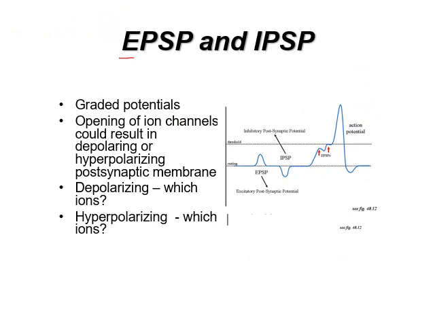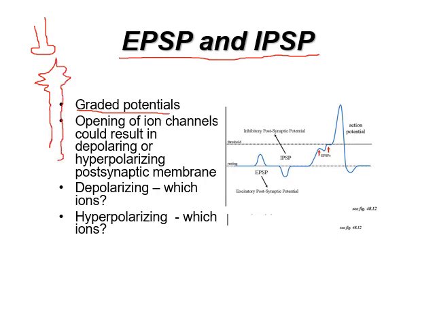So we already talked a little bit about depolarizing and hyperpolarizing from these graded potentials, but let's put a name to them. EPSP, excitatory postsynaptic potential. If you remember, say this is a dendrite of another neuron coming in to synapse here.